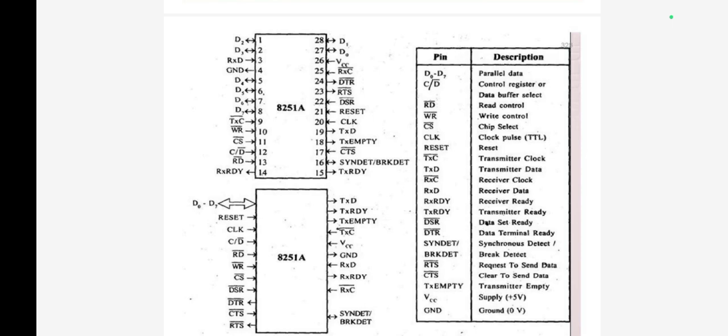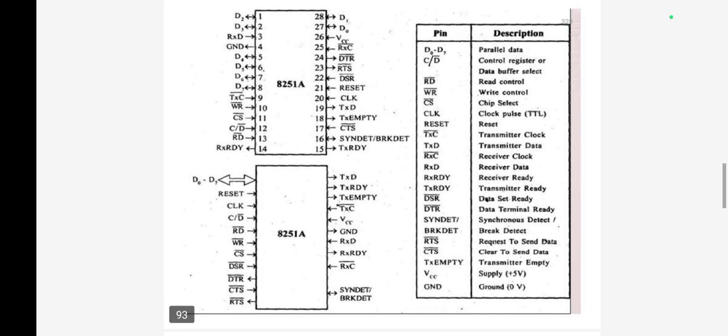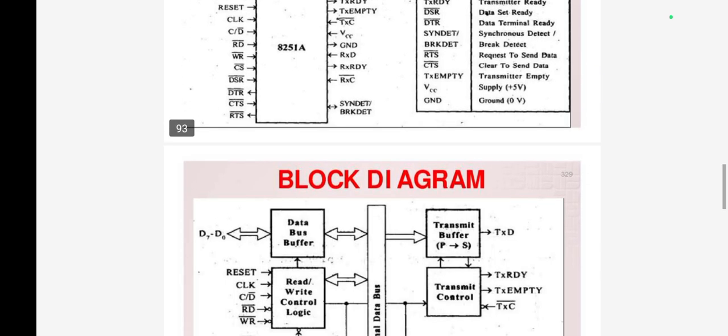It consists of D0 to D7 data lines, 8 in number, and receive data, transmit data, ground, chip select, receive ready, transmit empty, reset, synchronous detect, and parallel data, control register, read control, write control, clock pulse, transmitter clock, receiver data, transmit ready, and so on.